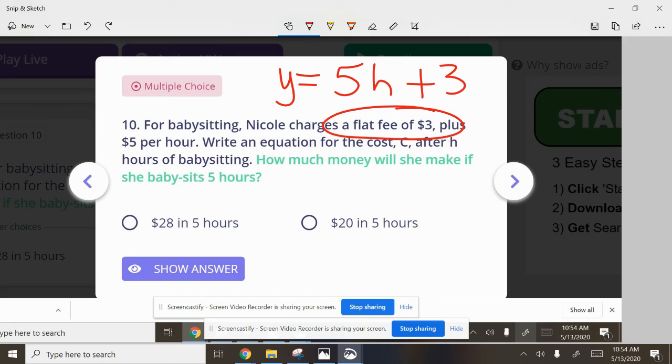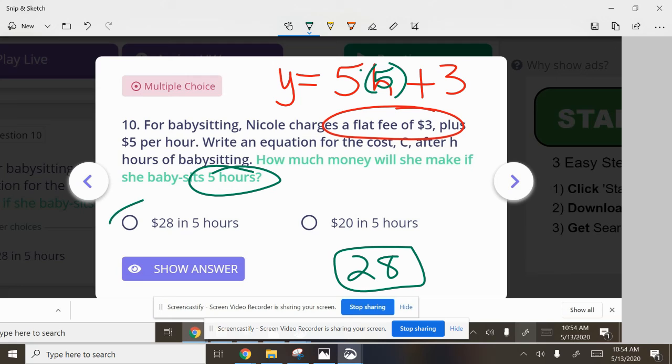Write an equation for the cost C after H hours of babysitting. How much money will she make in 5 hours? Okay, where am I going to put that 5 hours? Well, how about where the hours is? If I put that there, 5 times 5 is 25, plus 3 is 28.